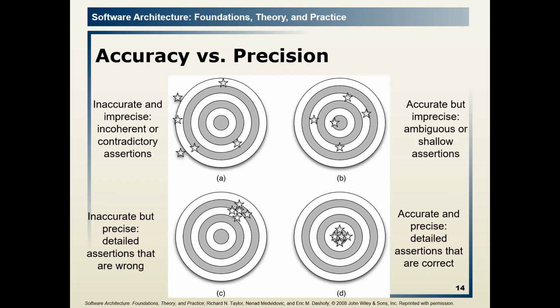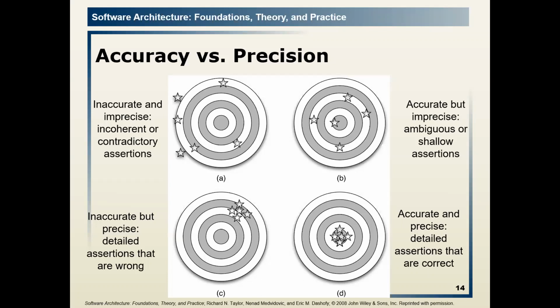And contradictory, so sometimes one requirement will contradict the other. So in that case, if you blindly follow the requirements and make the models, right, there will be contradictory decisions in your model. So then it becomes both inaccurate and imprecise.